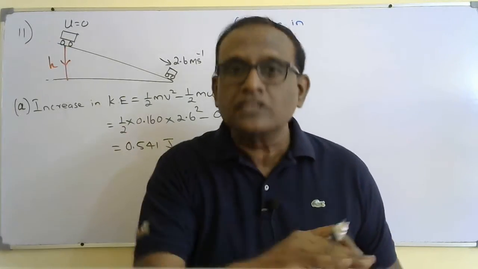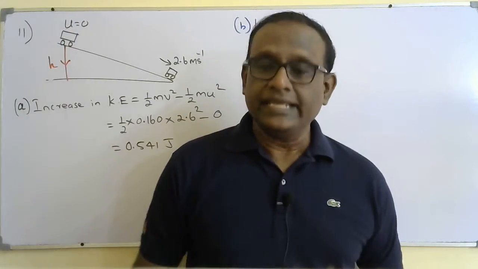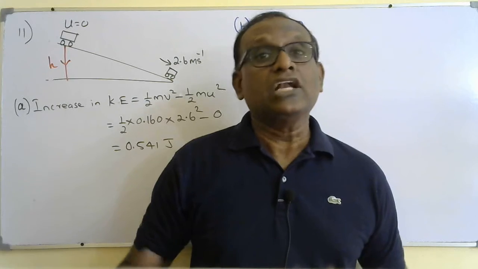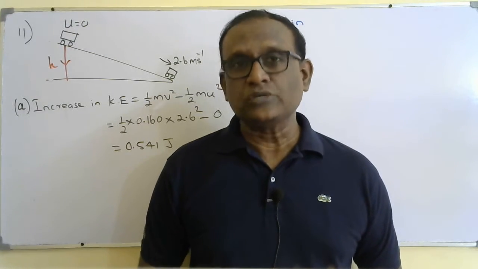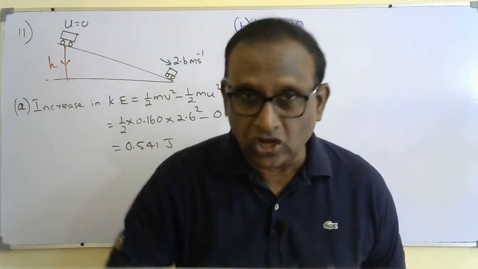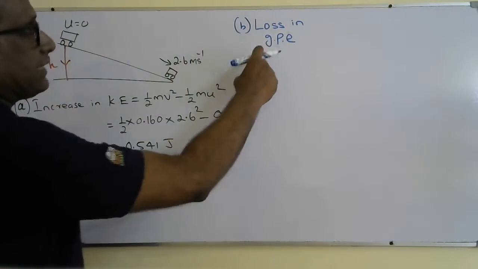So it's moving because of gravity or the gravitational pull. So when something moves down, it will lose gravitational potential energy. So because of losing gravitational potential energy, it's moving down along the slope. So it's losing the gravitational potential.